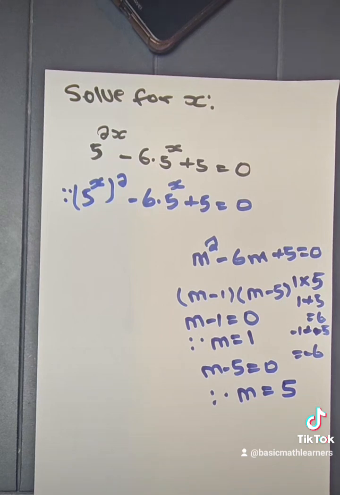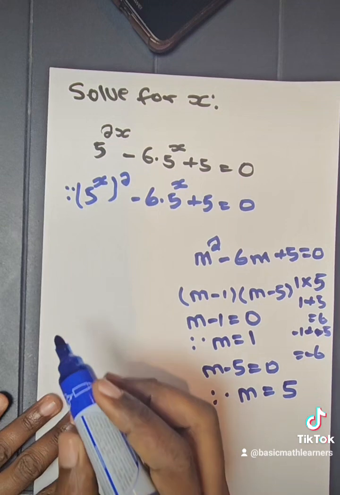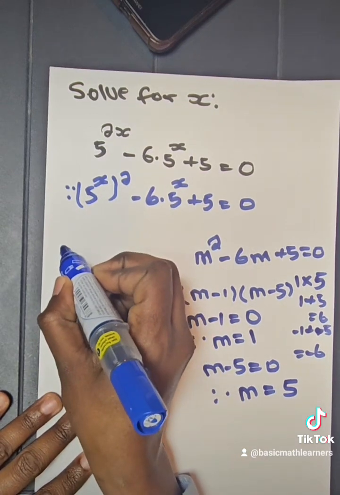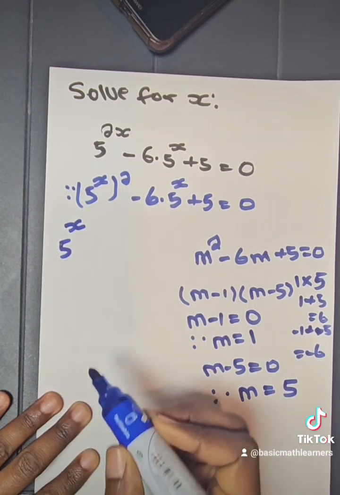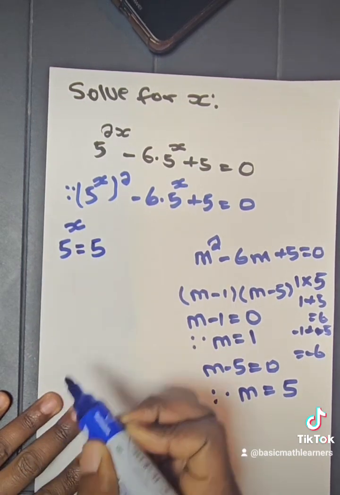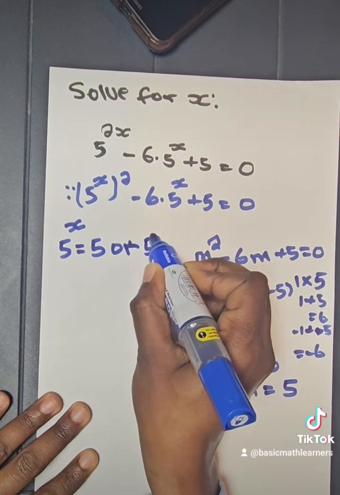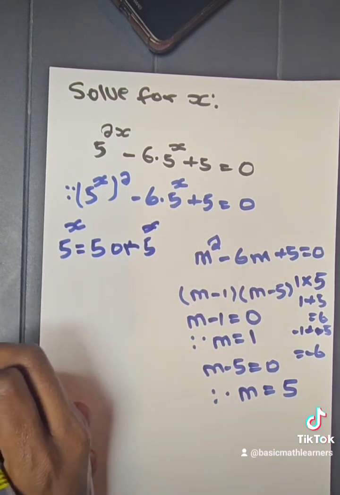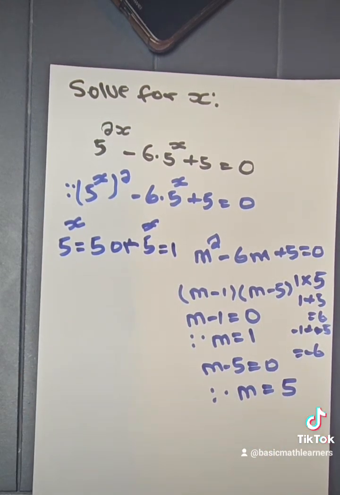Now, we did solve it for m. Let's take the solutions for m and get our exponential equation. 5 to the power of x equals 5, or 5 to the power of x equals 1, because we get two values for m, 1 or 5.